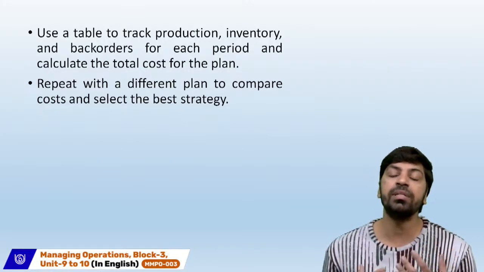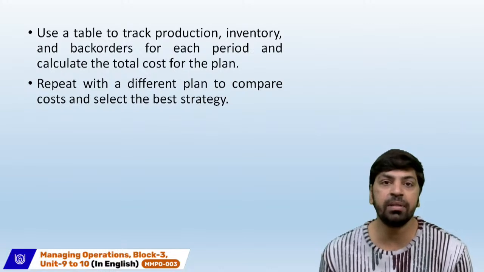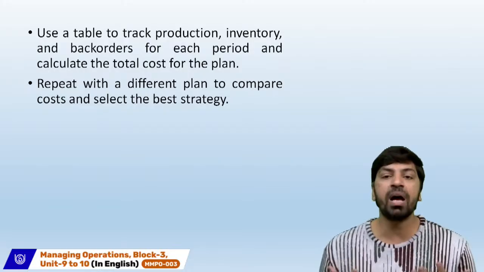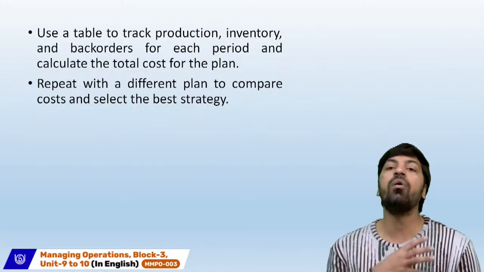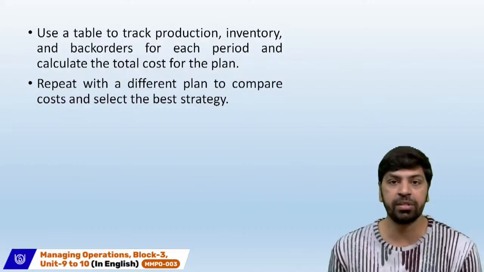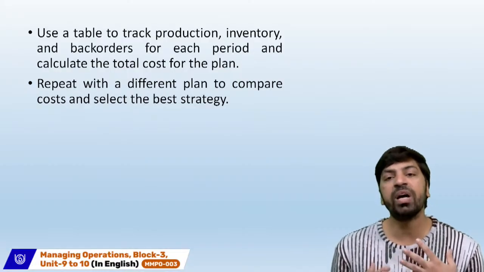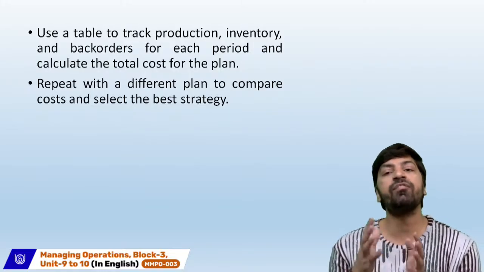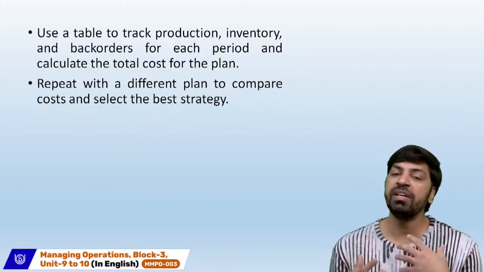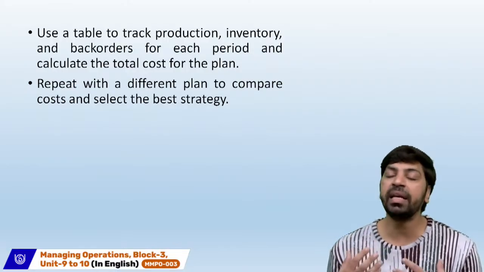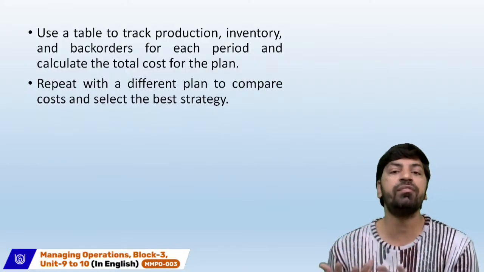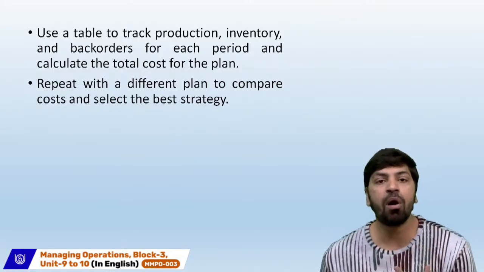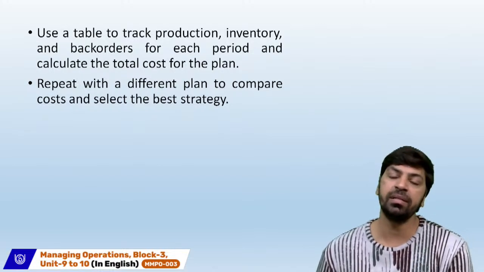So the next step is using the spreadsheet tables to track the production, inventory, and back orders for every month, for every period, and then accordingly calculate the total cost for the plan. Once we have estimated the total cost of the plan, we repeat the process and come up with a different plan, then compare both the plans and their costs, and then select the best strategy.